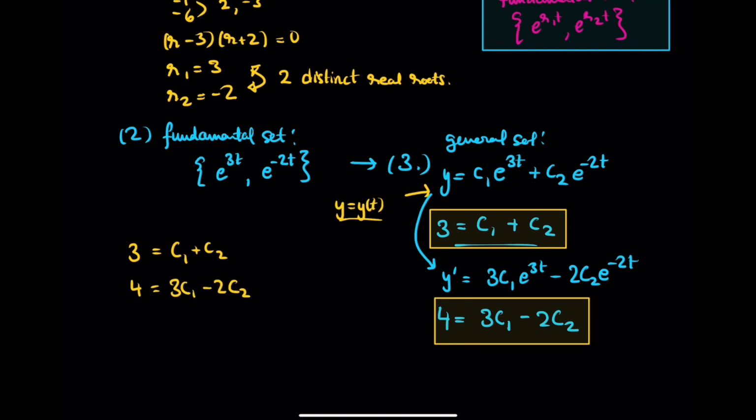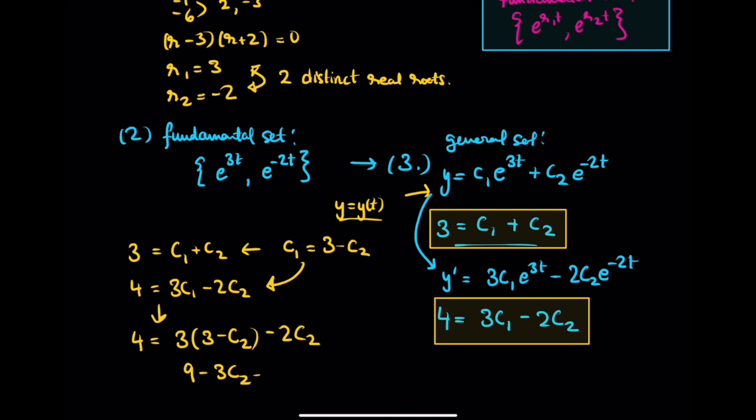Let's just use the first equation: c1 equals 3 minus c2, because I just moved the c2 to the other side. Then we can plug that into the second equation. So 3 times (3 minus c2) minus 2c2 equals 4, which is 9 minus 3c2 minus 2c2 equals 4.